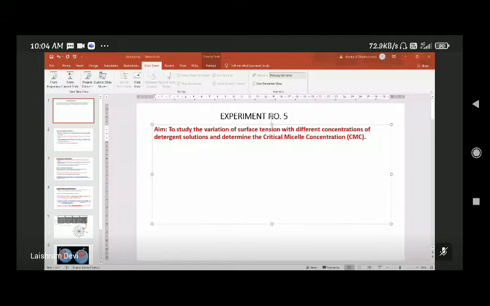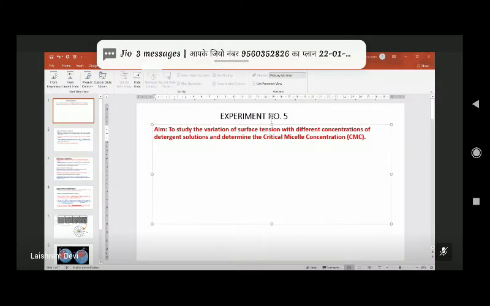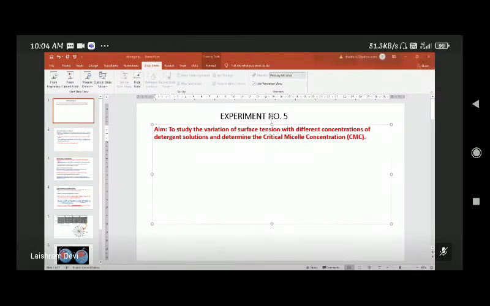मैम आपने एक और स्लाइड चीज चेंज यहाँ की है क्या? कि this second slide ही है, we are still on the second slide. मैम फर्स्ट स्लाइड ही शो हो रही है. All of you, can you see the second slide जहाँ पे मैंने surfactants की definition लिखी है?